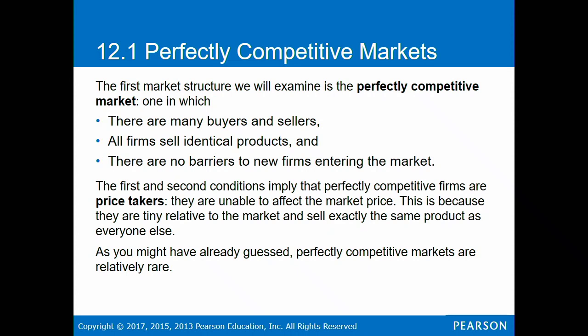The firms are all selling identical products, literally exactly the same. So there's no difference between shopping from one producer and another producer. And finally, there are no barriers to entry. So firms can enter the market very easily. New competitors can jump in if there's reason for them to enter the industry.